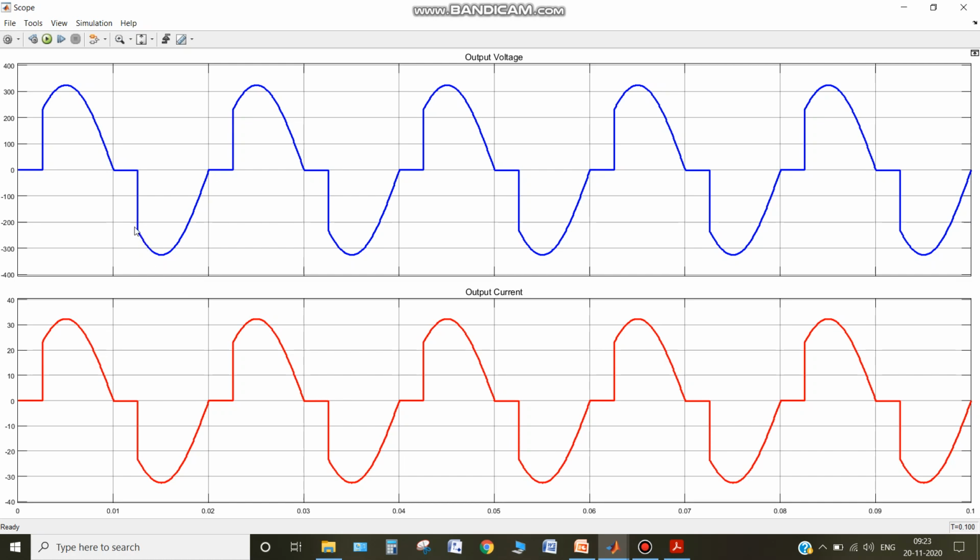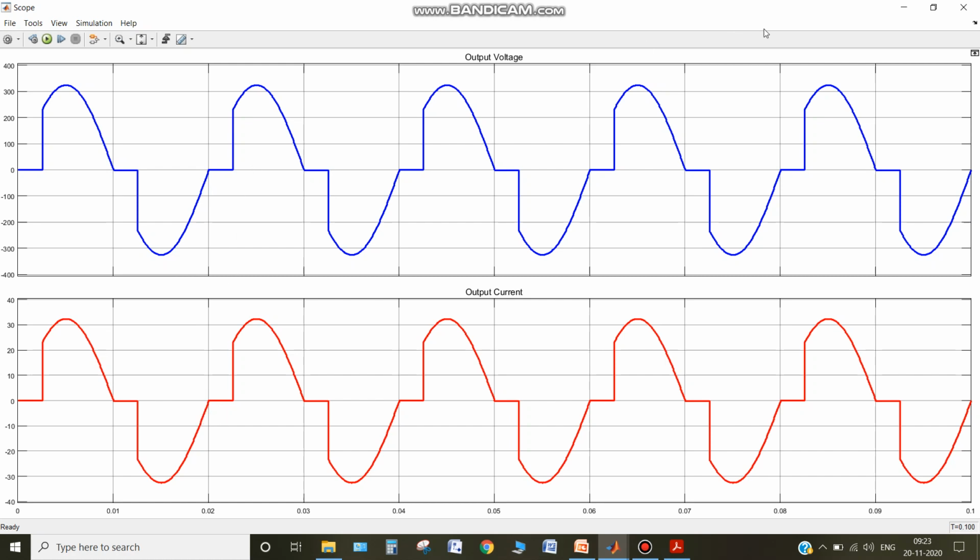It again becomes 0 at 2 pi, which corresponds to 0.02 second. At 0.02 second the output voltage and current both become 0 because this is a resistive load.